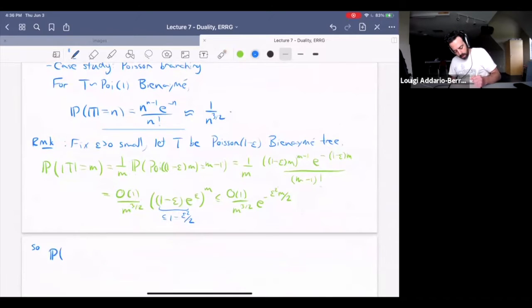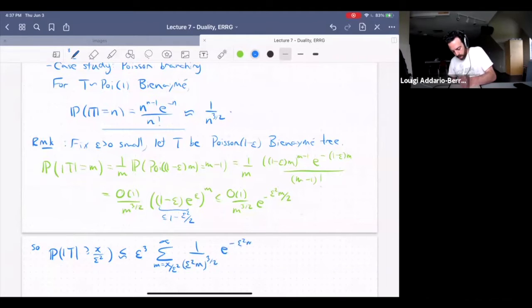And so in particular, if we look at the probability that this Poisson 1 minus epsilon BGW tree has size bigger than x on epsilon squared, then this is roughly just, so I'm going to multiply and divide by epsilon cubed so that I can write this as epsilon squared m to the 3/2 e to the minus epsilon squared m on 2.